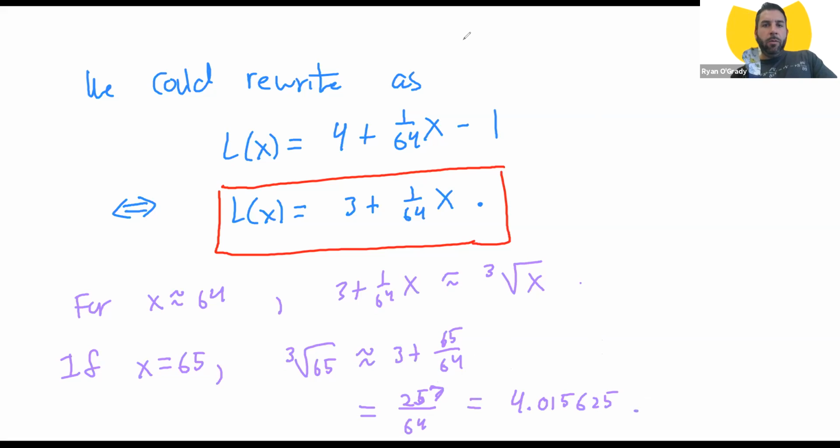So we can compare with a more accurate value if we use a calculator. So if I go to a calculator, what's the square root of 65? I'm going to take the, excuse me, not square root, cubed root.